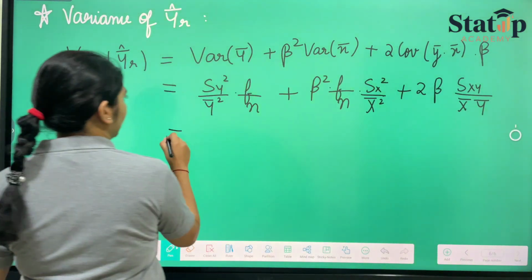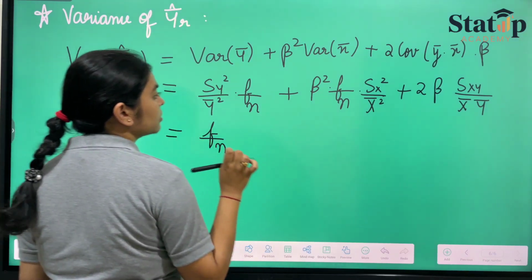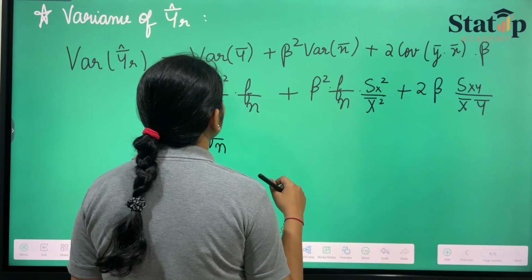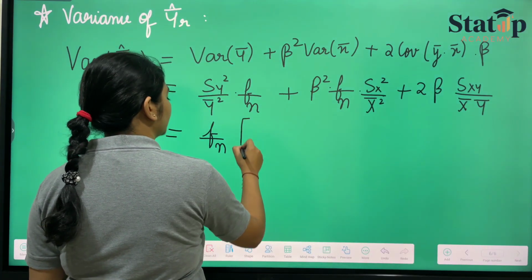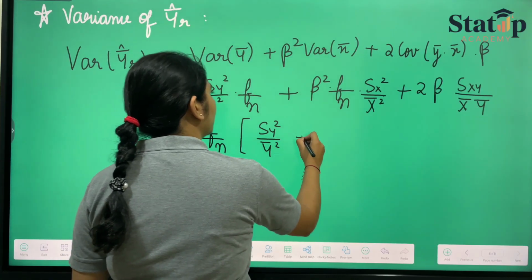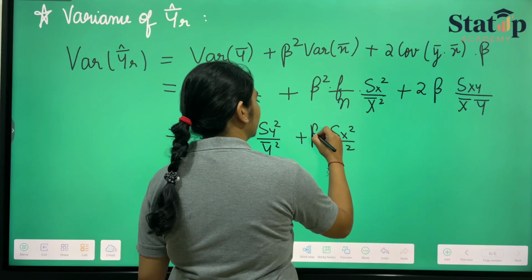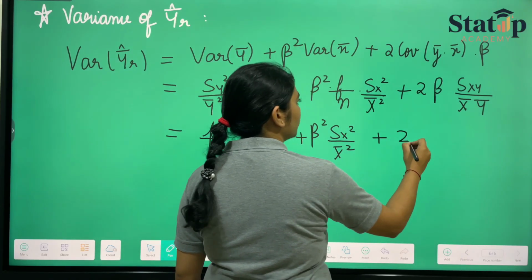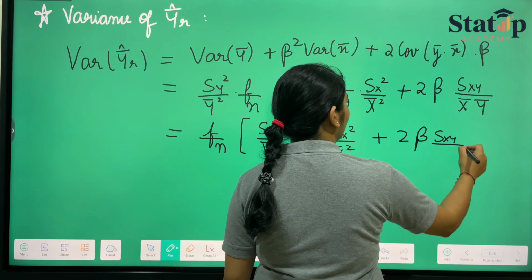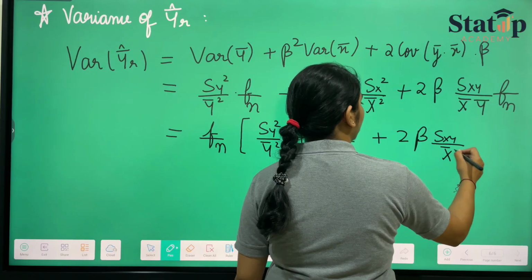So this can be written as f by n common, and we are left with Sy square upon Y bar square plus Sx square upon X bar square into beta square plus 2 into beta Sxy upon X bar into Y bar.